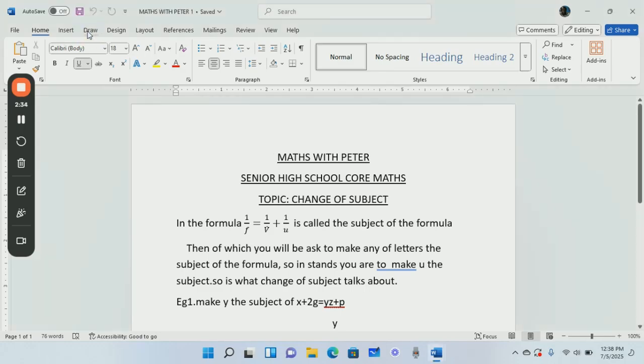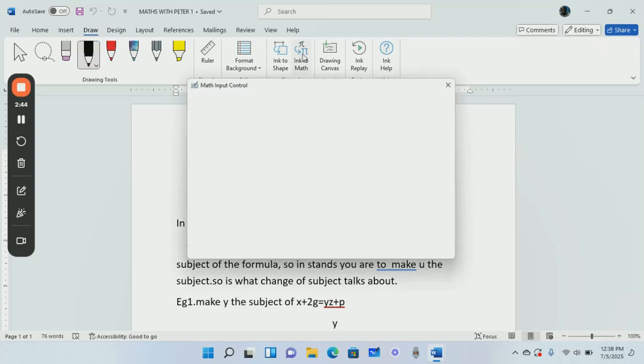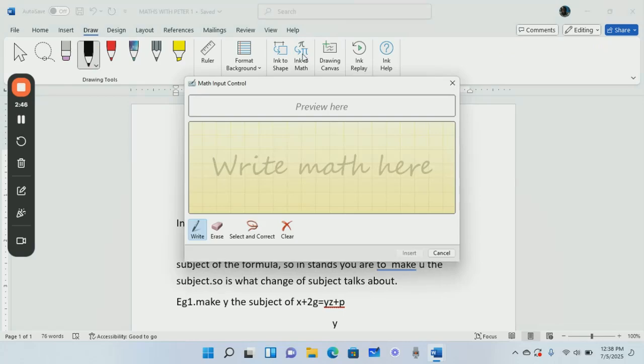Using the Ink to Math template, we will solve the equation.